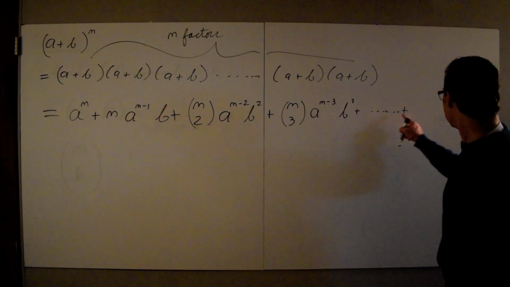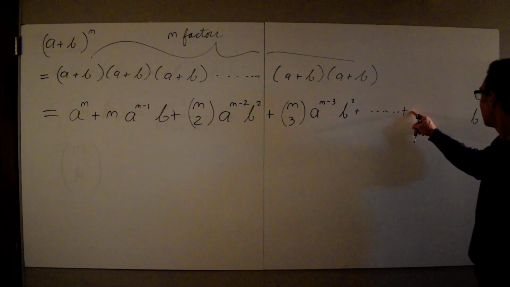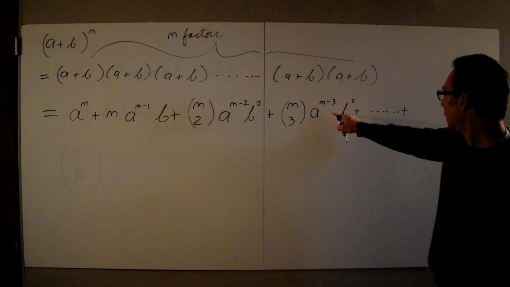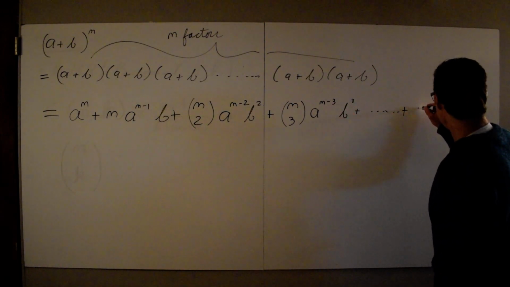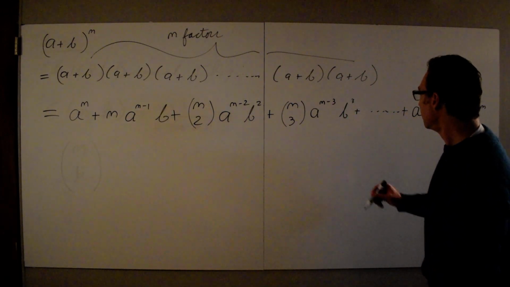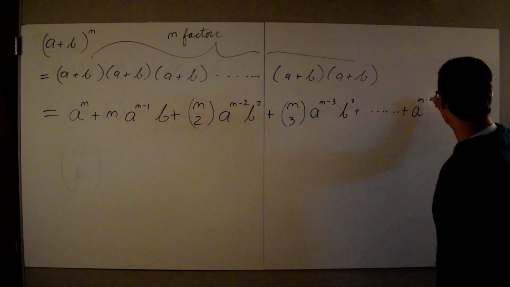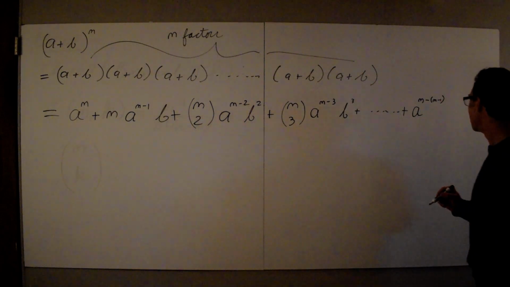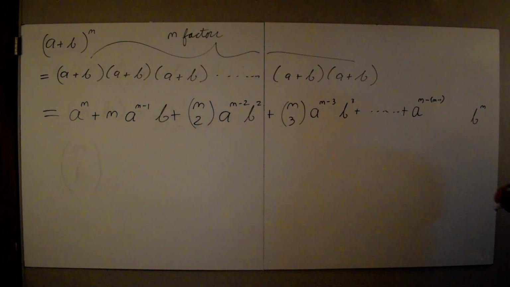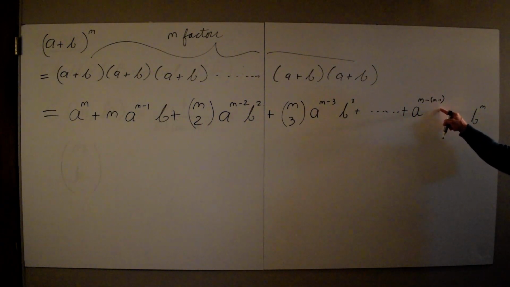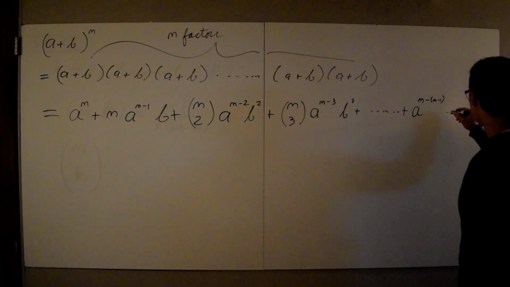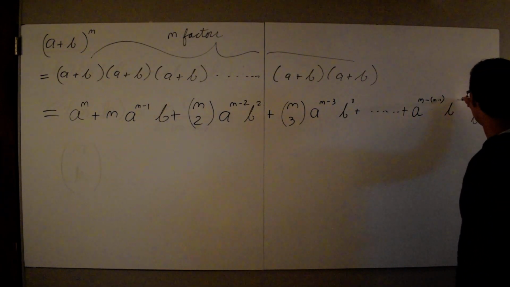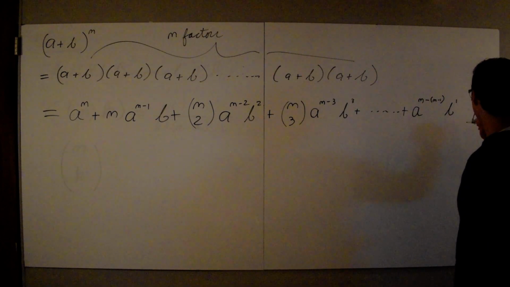We're going to have an a to the n minus 1, which you'll notice is just a. And then we'll have a b to the 1.